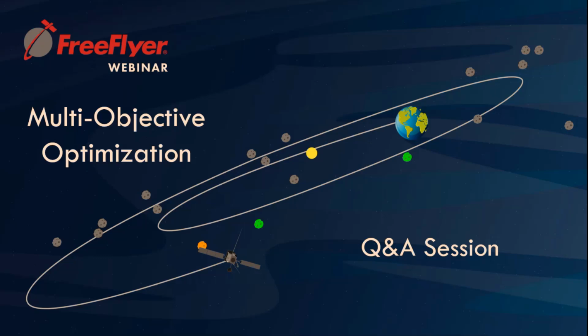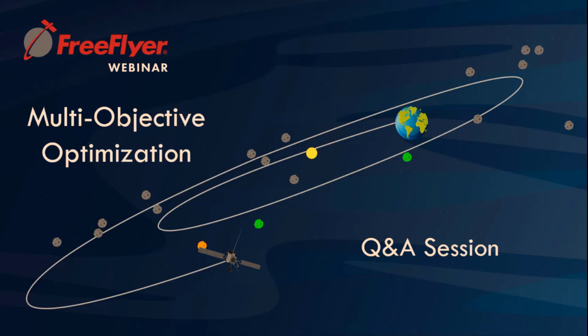So if I have an objective and I don't want to view any solutions that have a value that's worse than X for that objective, that's a feature that is included in FreeFlyer multi-objective optimization. Perfect, thank you.